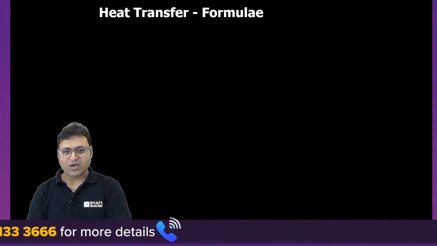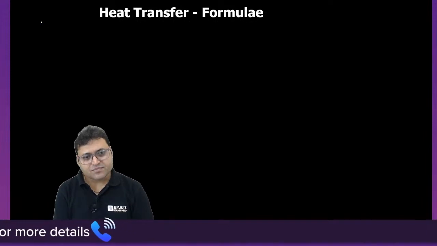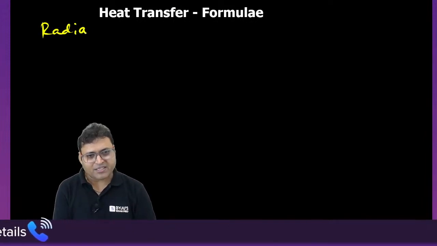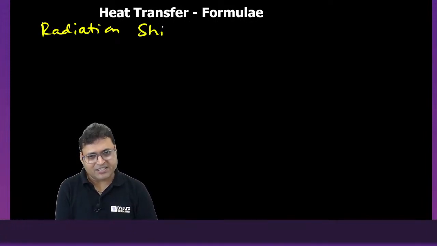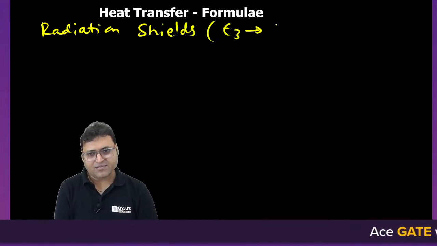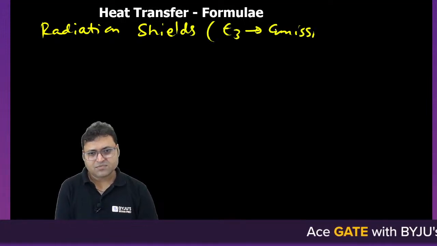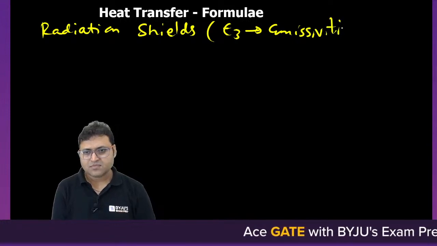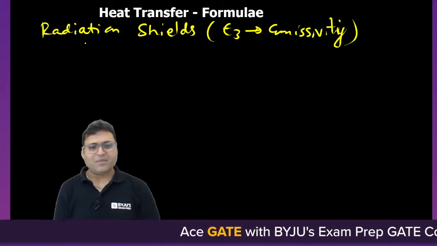Now let us talk about the radiation shield. The final expression is for radiation shields of emissivity epsilon 3.